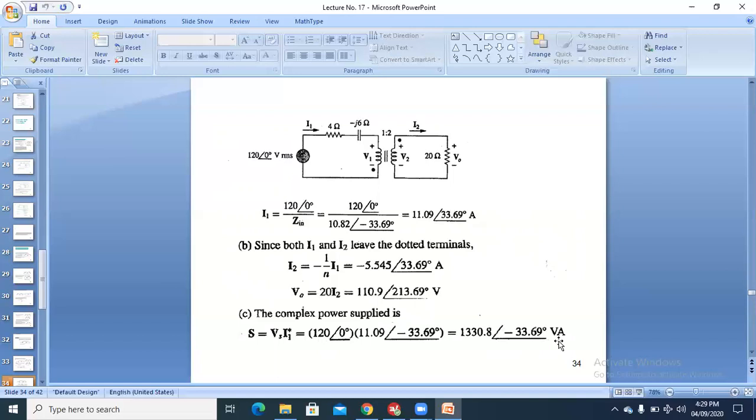So we can calculate it on either side of the transformer, either the power supplied or the power delivered to the load is the same in the ideal transformer. So we can calculate it from either side of the network.